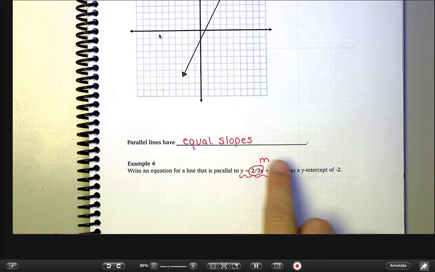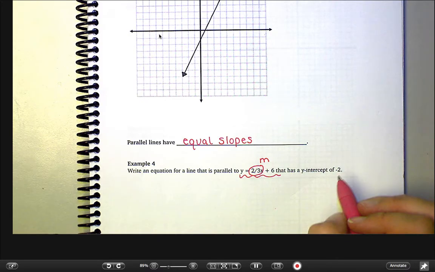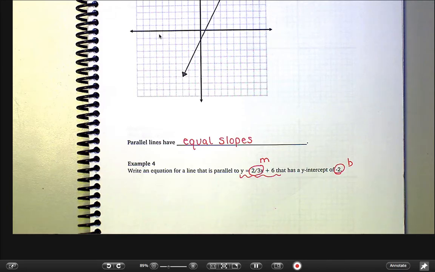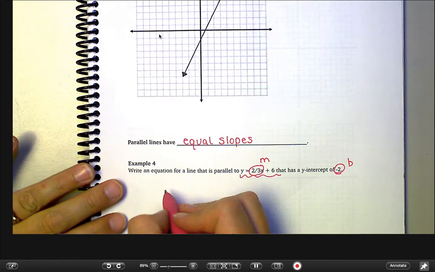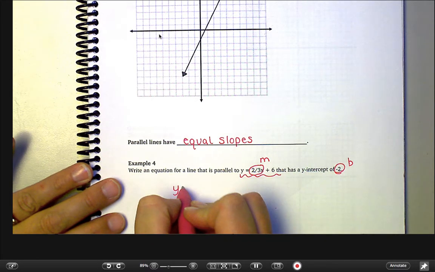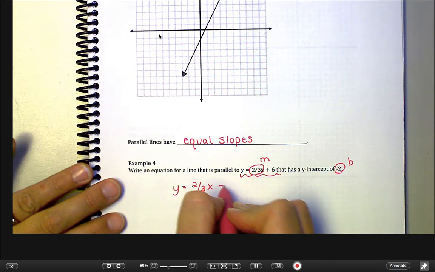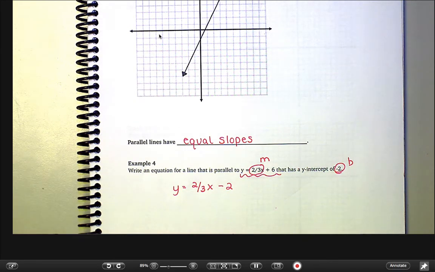The +6 doesn't mean anything to me. And I want my y-intercept to be -2, so that's my b value. And so then I can just write my equation using this m and this b. So y equals 2/3 x minus 2. And that would be my final answer. Okay?